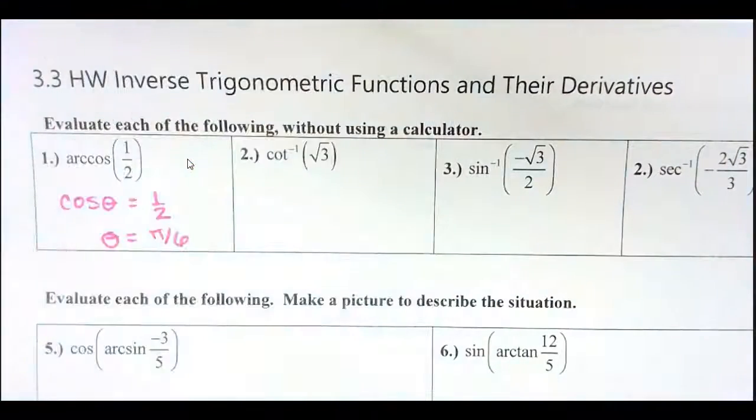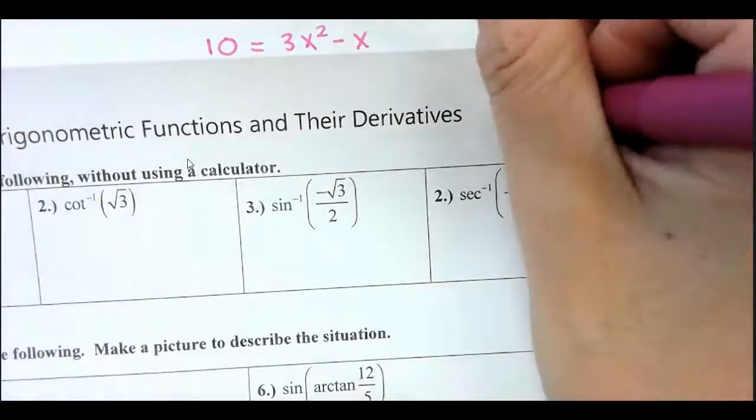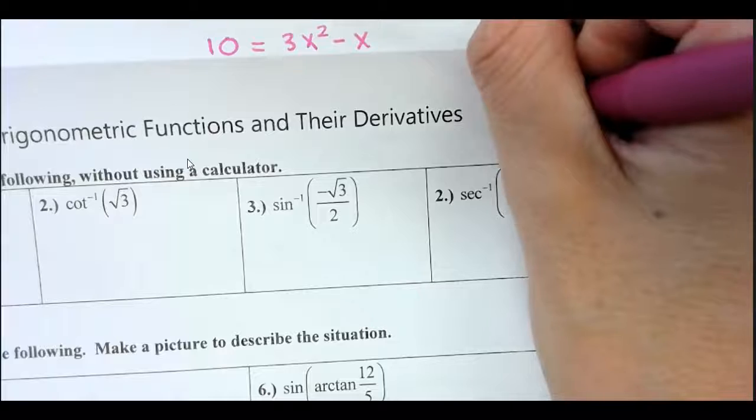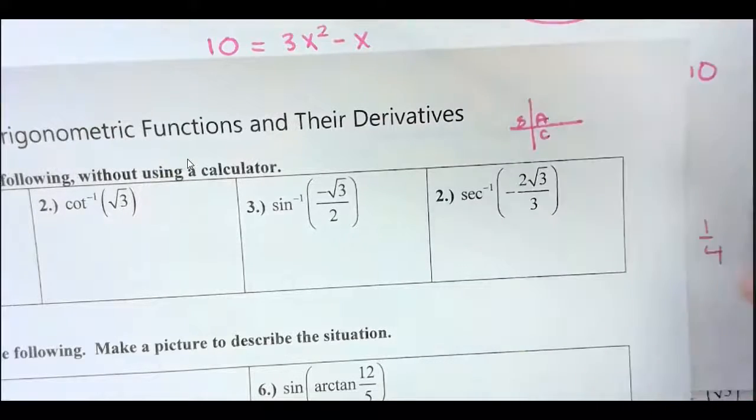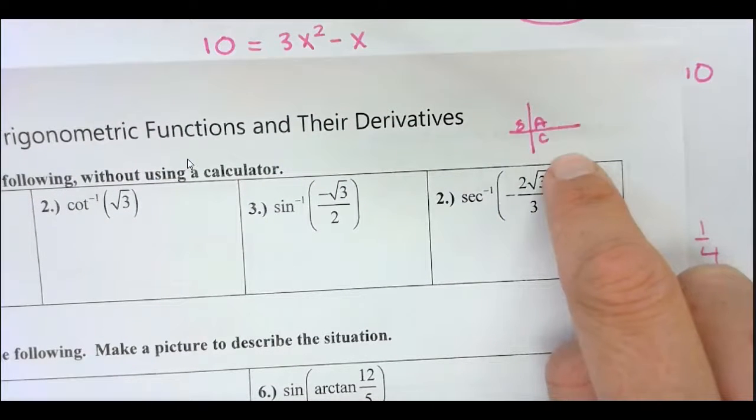And remember, these are the ones that have to come from certain quadrants. So we're only giving one answer now because they're coming from quadrants 2, 1, and 4.